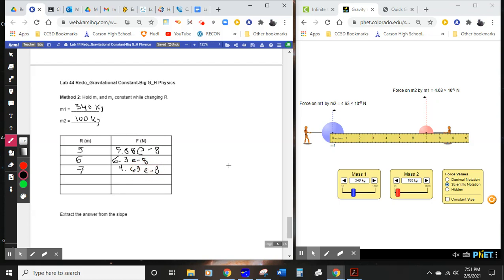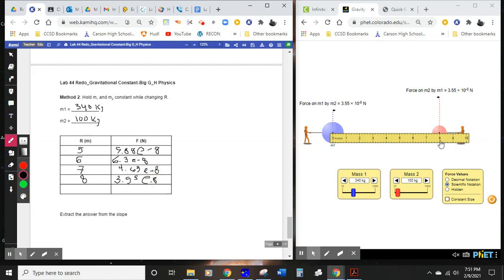Now 8 meters apart, and this is 3.55 e to the minus 8.